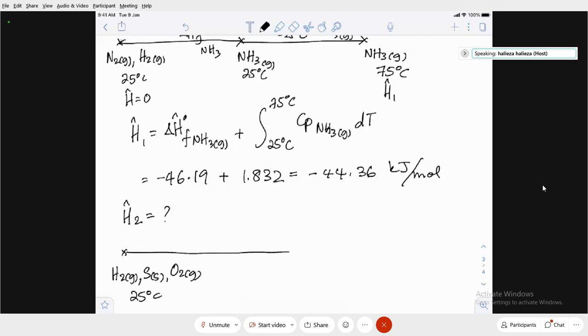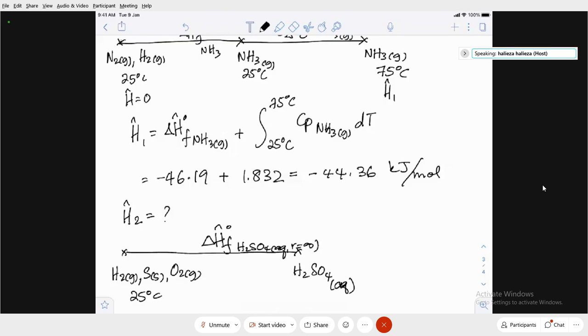You form your sulfuric acid, sorry, it's not liquid, it's aqueous, because the equation is aqueous. So this is your heat of formation of sulfuric acid, aqueous at infinite dilution.